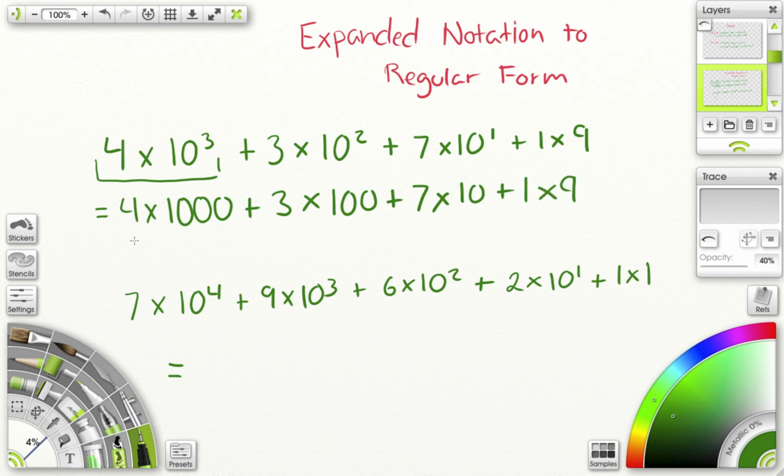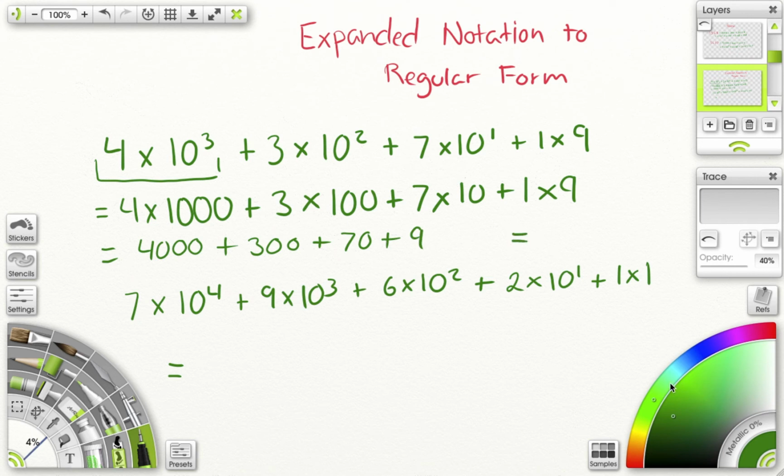All right, and now our next step is 4 times 1,000 is 4,000, plus 3 times 100 is 300. 7 times 10 is 70, plus 1 times 9 is 9.